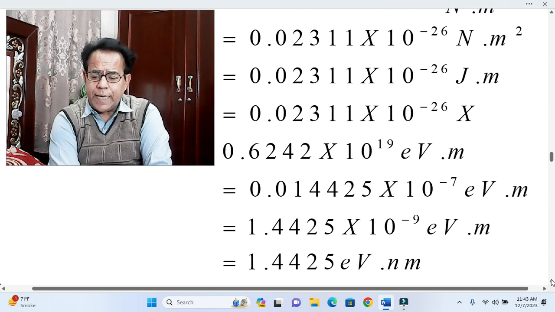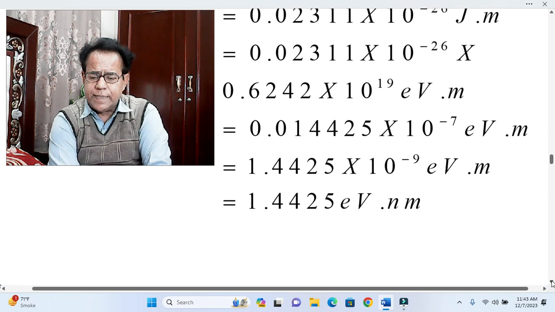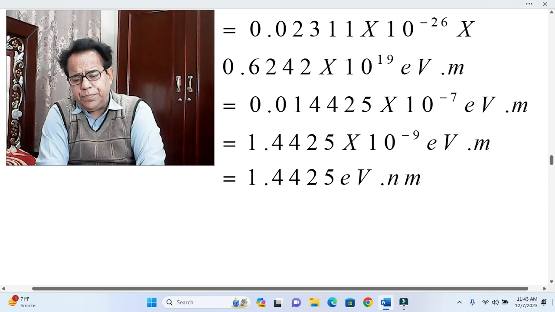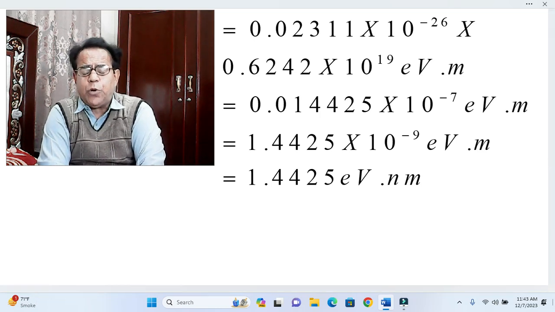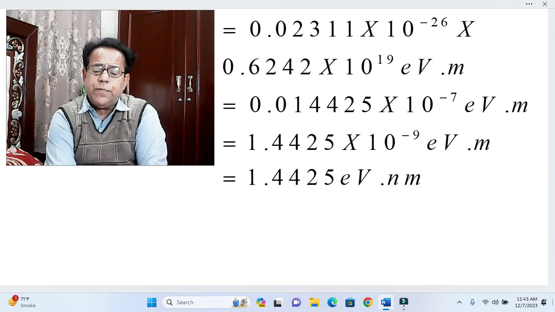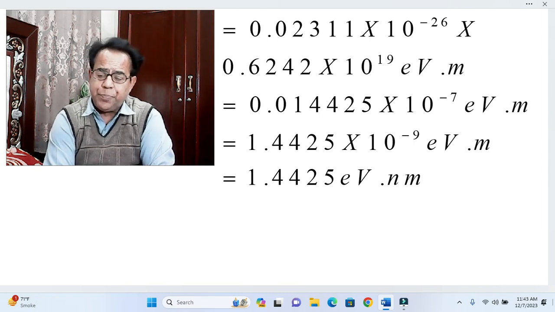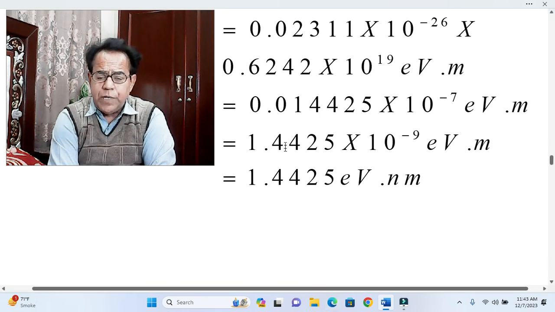Dear students, the next step is just as a formality, because we have to give the answer in terms of nanometer, and we know that nano means 10 to the power minus 9, while we have our answer in terms of 10 to the power minus 7. So we will shift this decimal 2 stages ahead.